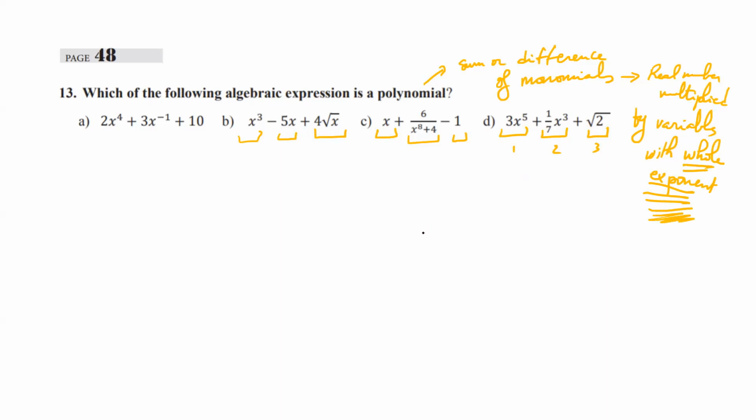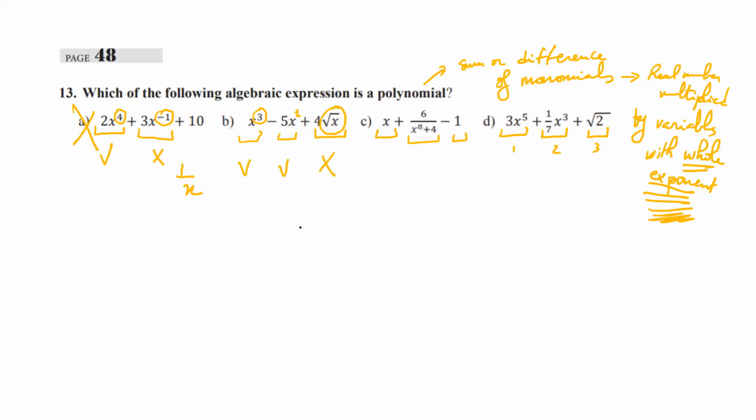So let us see. In this example, is the exponent of x a whole number? Yes, it's 4. Here, is the exponent of x a whole number? No, it's negative 1. It's 1 over x. So this is not a polynomial. Here, is the exponent of the variable an integer?